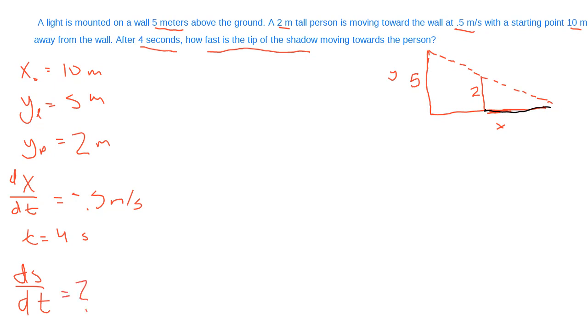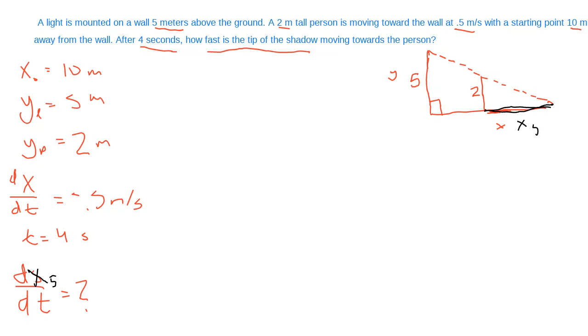All right, so this setup is a little different. Now let's think about how we can relate these. Let's call this little distance of the shadow right here x sub s, and change that here to x sub s.